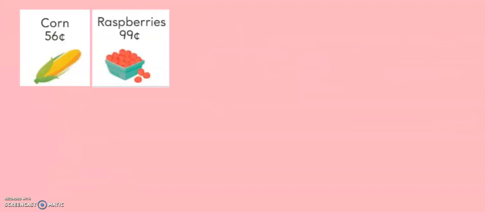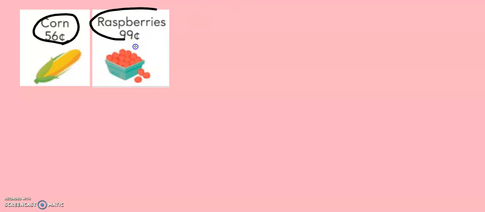The next part of our lesson today, we are going to practice adding different money amounts. Now, this may look a little bit confusing, but it's just like when we started adding two-digit numbers. So I'm going to pretend that I am going to the grocery store. And at the grocery store, I need to buy corn and raspberries.